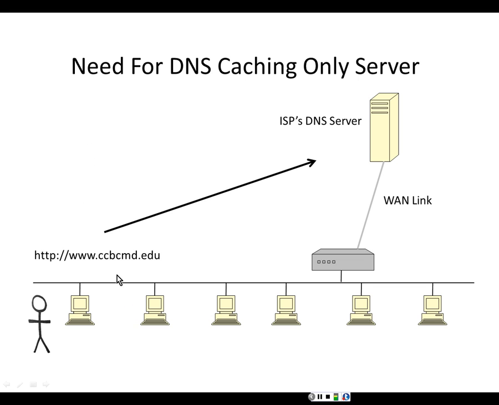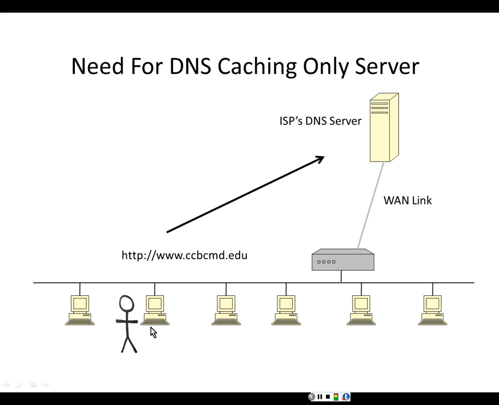So here's the example. A user wants to access some website, such as CCBC. And this is not CCBC right here. This is just some small office. So the query goes to the DNS server. The query goes over the wide area network link to the ISP's DNS server, and the ISP's DNS server sends the IP address back. A second user wants to access the same website.